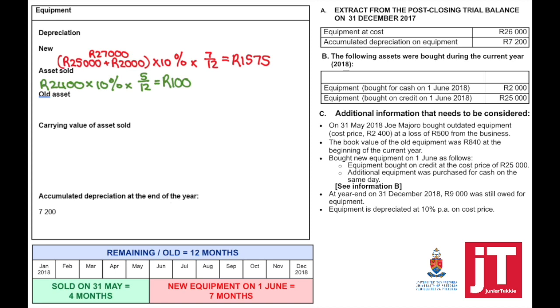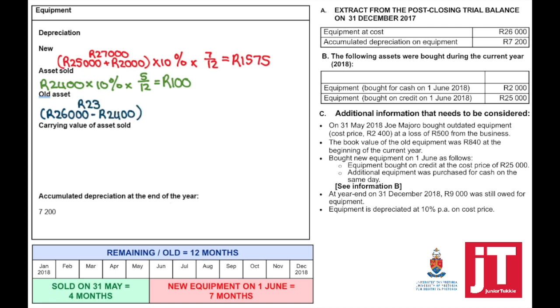To get the old, this is where learners find this a little bit challenging. Please remember that that equipment at cost includes the cost of the asset which I disposed of, which means I've already now calculated the depreciation on the asset which I've disposed of. I only had it for 5 months. Depreciation on the remaining, on the old, is always equal to 12 months.